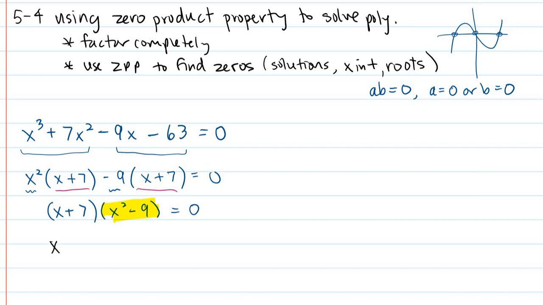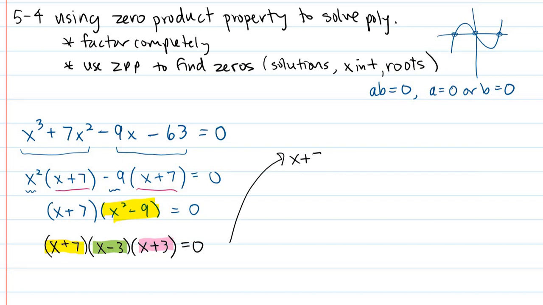So my final factored answer would be x plus 7, x minus 3, and x plus 3. And all of that's equal to 0. What that means is that each one of these binomials is possibly 0. So I can take each of those and set them equal to 0.